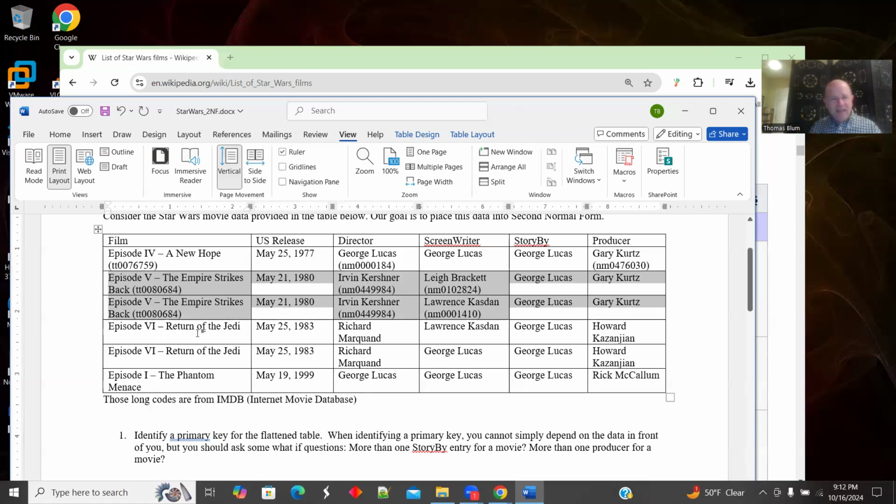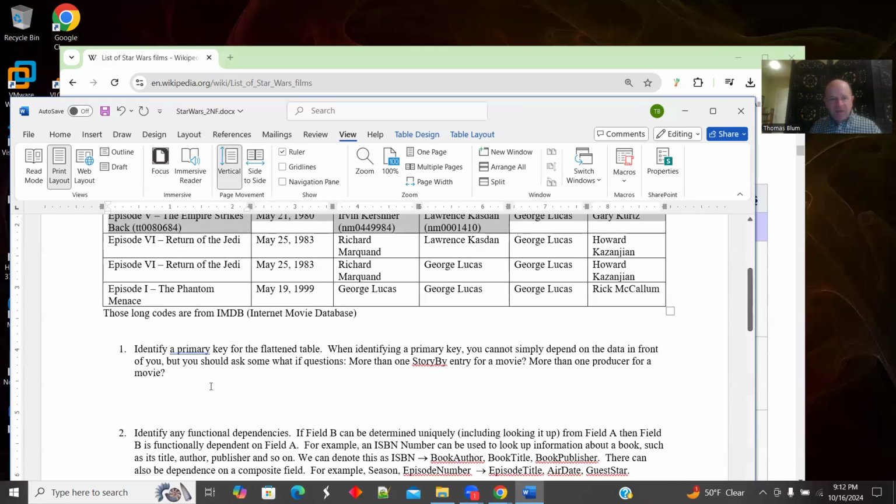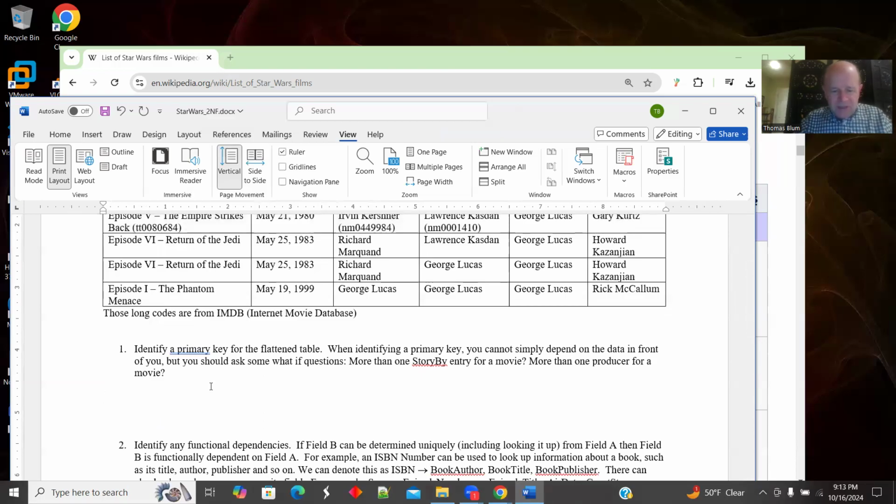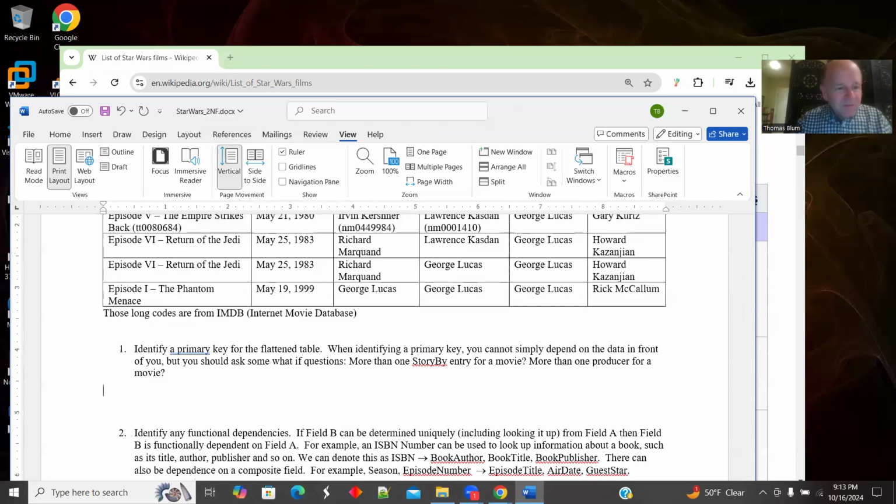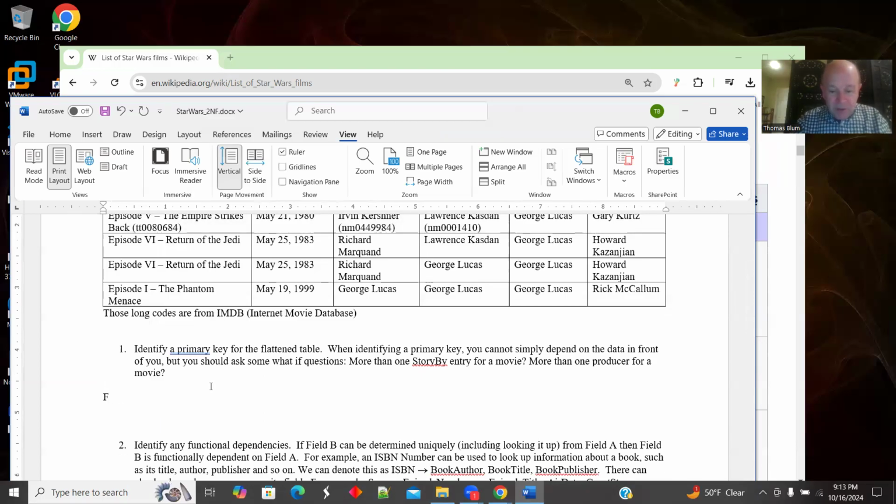So I'm going to say movie ID, which I'm going to use this thing that I borrowed from the IMDB. So I'm going to say movie. I need a film, like they were calling it a film. Film ID. I'm going to say that determines the release date. I'm going to say that determines the director, but it does not determine the screenwriter in my flattened field because that was multi-valued.